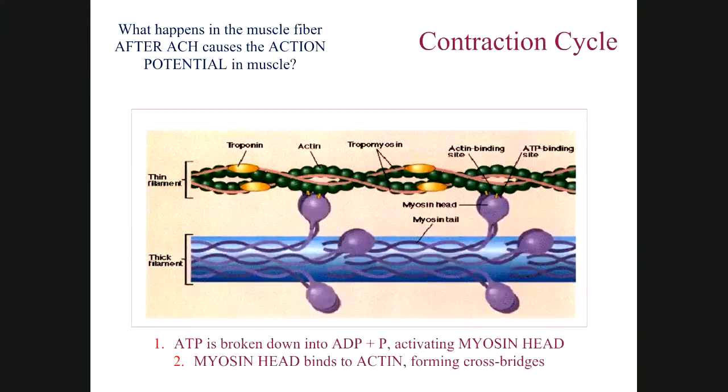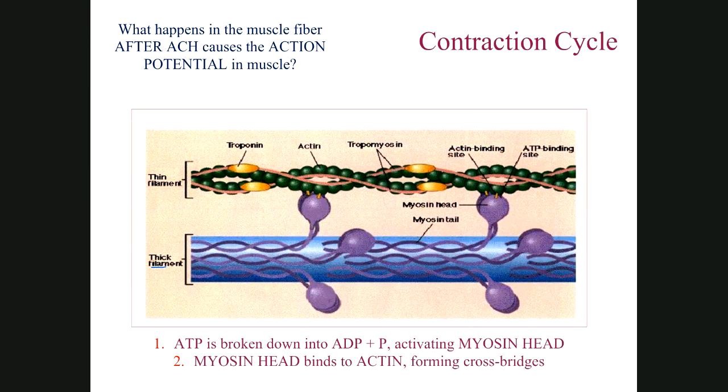So again, here's our thick filament, which is the myosin, and here's the myosin head. When calcium is present, first of all, we need energy. ATP is broken down to ADP and phosphate, and this activates the myosin head to connect to the actin.